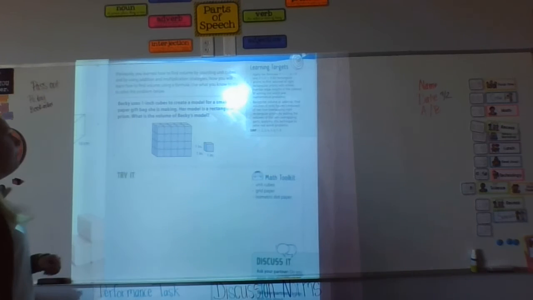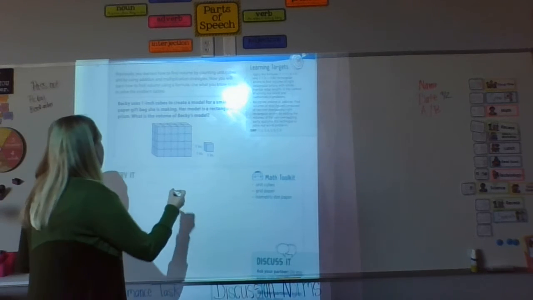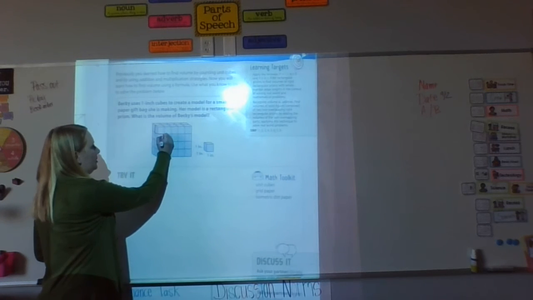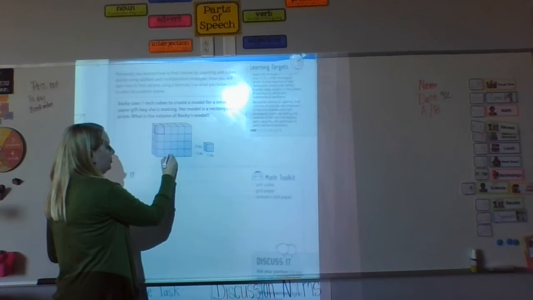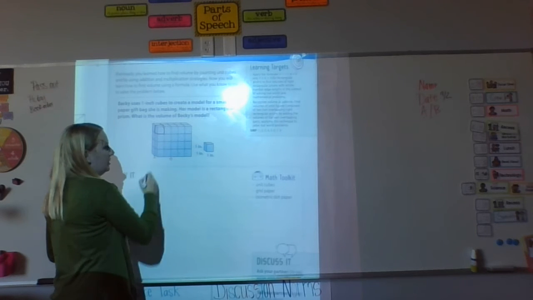Becky uses 1-inch cubes to create a model for a small paper gift bag she is making. Her model is a rectangular prism. What is the volume of Becky's model? We know that we're measuring these with unit cubes. If we count here, we have 1, 2, 3, 4, 5 here and 2 here.